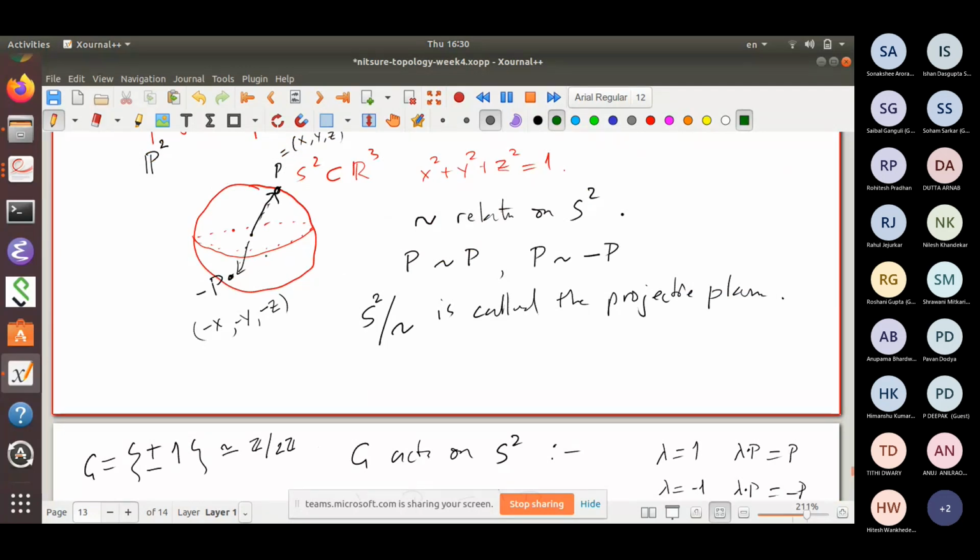Suppose I have a one-dimensional vector subspace of R3. What is a one-dimensional vector subspace of R3? A line through the origin, right? So L in R3 is a one-dimensional vector subspace. I want to ask you, what is L intersection S2 equal to?